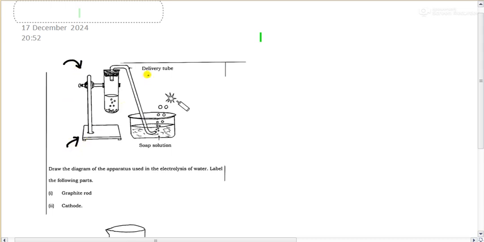In the diagram, you have to write only the delivery tube and soap solution. No need of mentioning other parts. You will get 1.5 marks for the diagram and half for the parts. Only these two parts you have to show with an arrow. Here the soap solution is here and the delivery tube is here. Got it, guys?